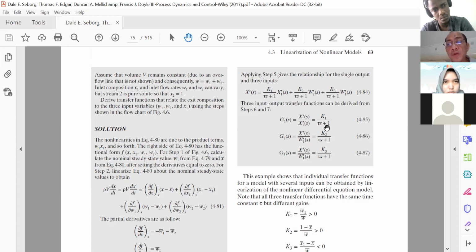When you add the transfer functions together, it becomes 3x prime s equal to this one. So it's different when we add the transfer functions; you will have something like this, not adding one by one like that. So this is how to deal with the transfer function.